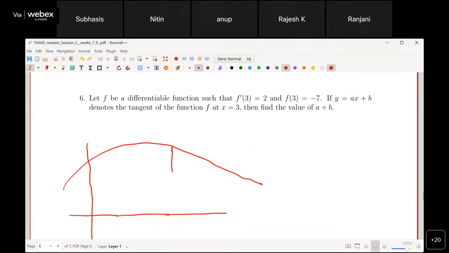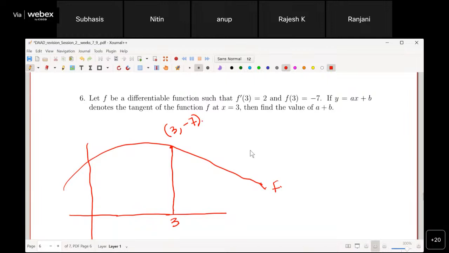Yes, correct. So okay, let me. Suppose this is my f. This is the graph of f. Okay, and this is 3. And at this point, as I know, the value of the function at 3 is nothing but -7. Okay, so this is 3, -7, right?